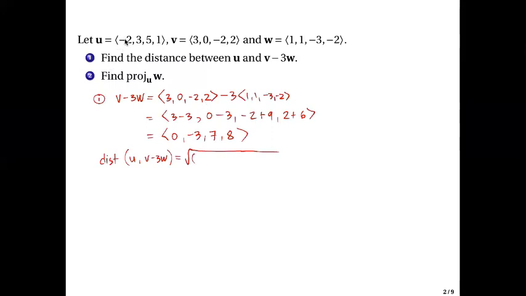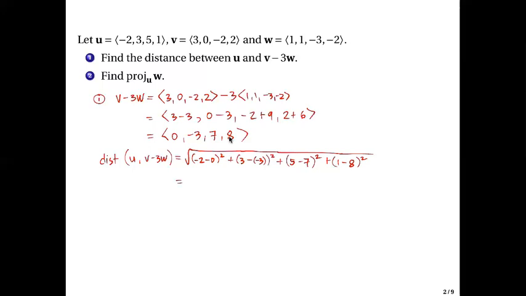So you have -2 minus 0, quantity squared, plus 3 minus -3, quantity squared, plus 5 minus 7, quantity squared, plus the last entries, you have 1 minus 8, quantity squared.